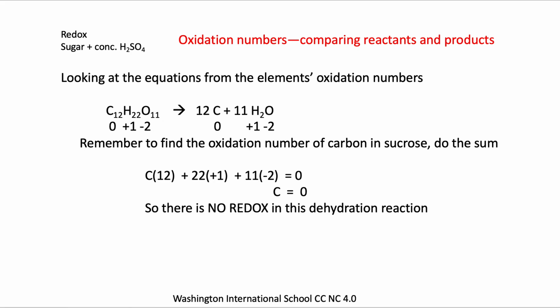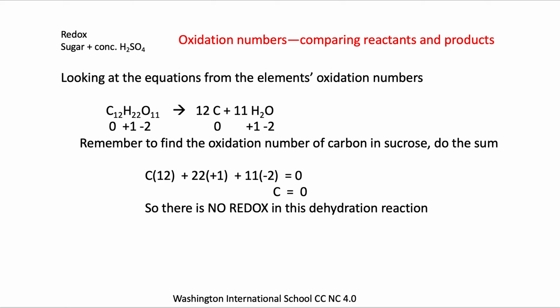So if we look at oxidation numbers, we're assigning oxidation numbers to each of the elements, and in sucrose you'd have to work them out. So we know hydrogen's +1, we know oxygen is -2, so you've got 22 plus 1s and 11 times -2, which is 22 as well, so carbon has to be 0.